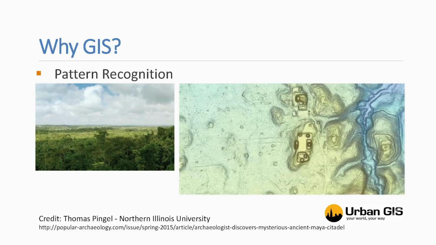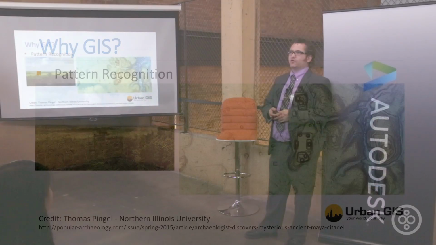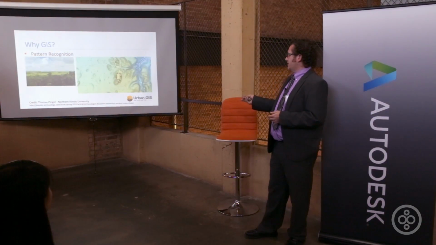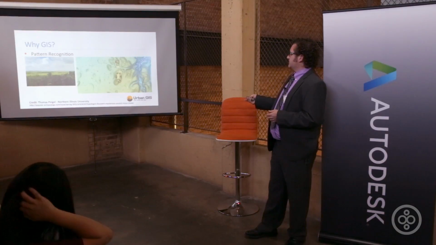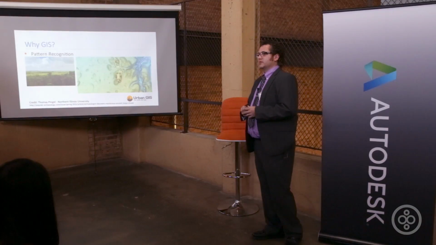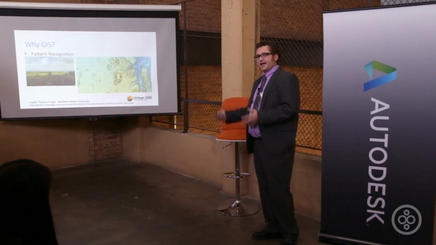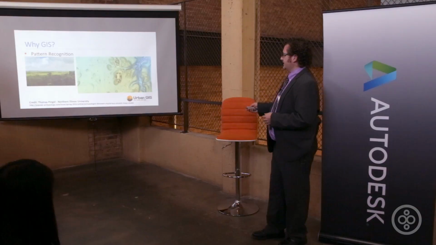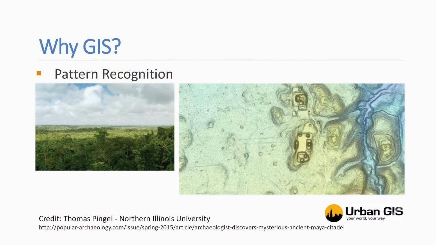They discovered this area just to the east, maybe a few hundred feet away from where they had been working for 5 years, and nobody had noticed this additional site. But through the power of GIS, they were able to isolate these patterns and make new discoveries that they weren't able to even when it was right in front of them.